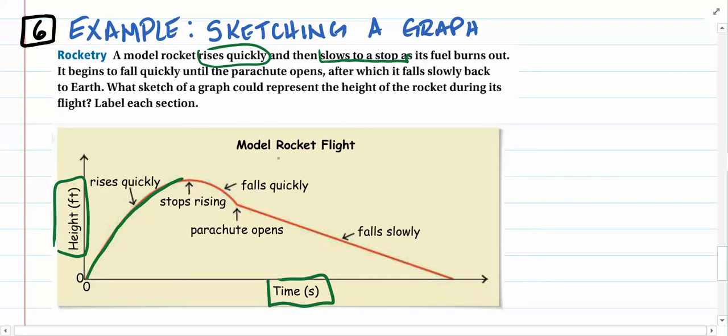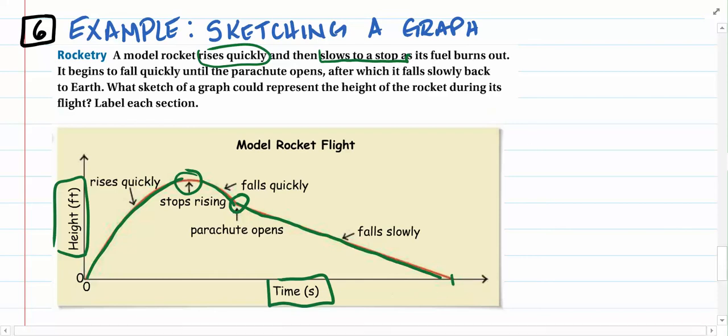That would be this point right here. It stops rising. After that, it falls quickly because it's falling back down to the earth. And then it says a parachute opens. So that means that the rate at which it is falling back to the earth has slowed down from falling quickly down to a slow fall all the way until it reaches the earth again over here at some time t.